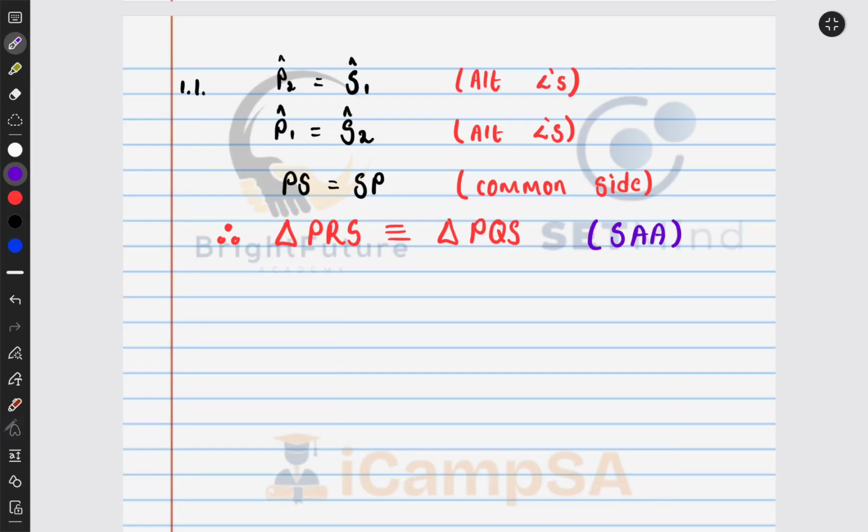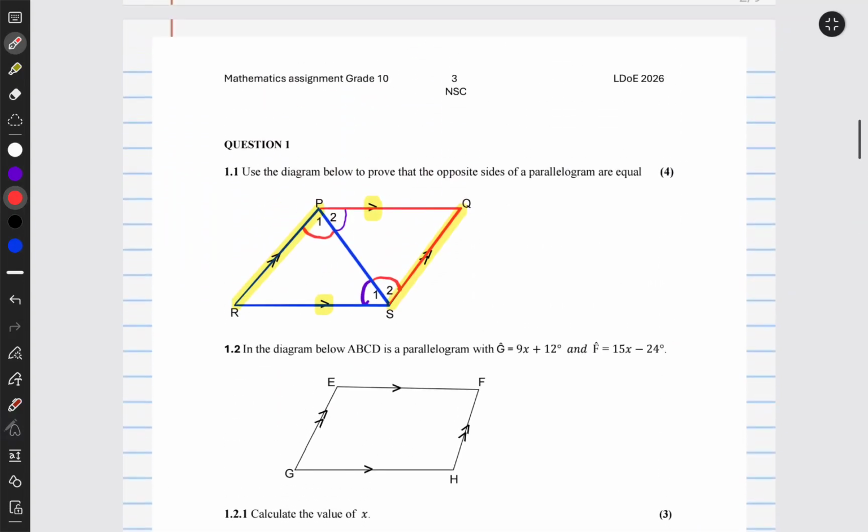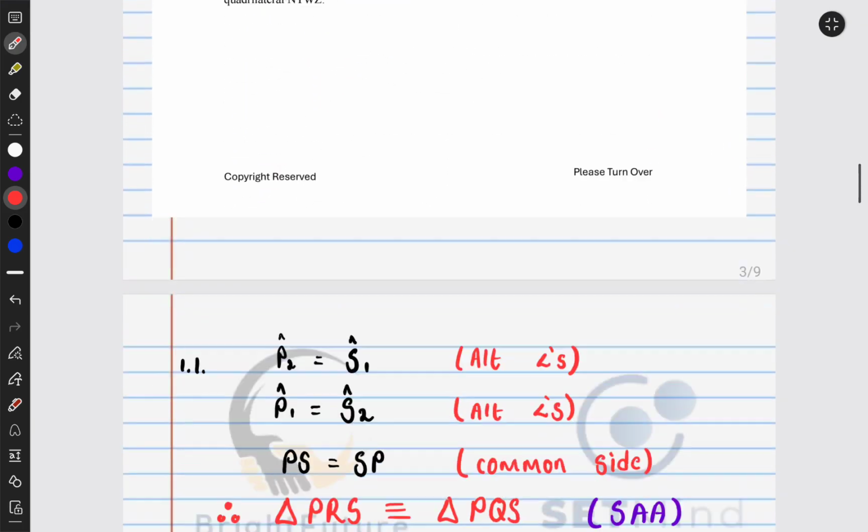These two triangles are congruent. Once we have shown that, which simply means they are perfectly identical, we can make the conclusion that side PQ, which is opposite side RS, these two sides are equal.